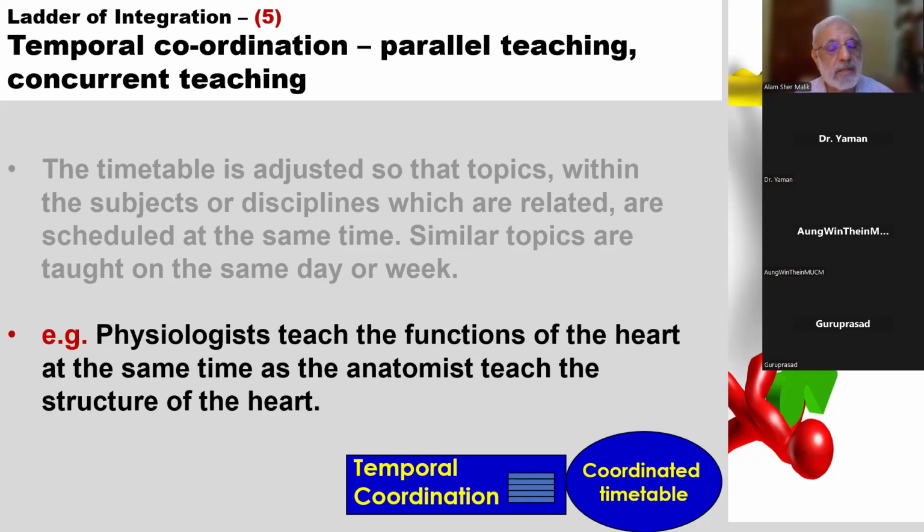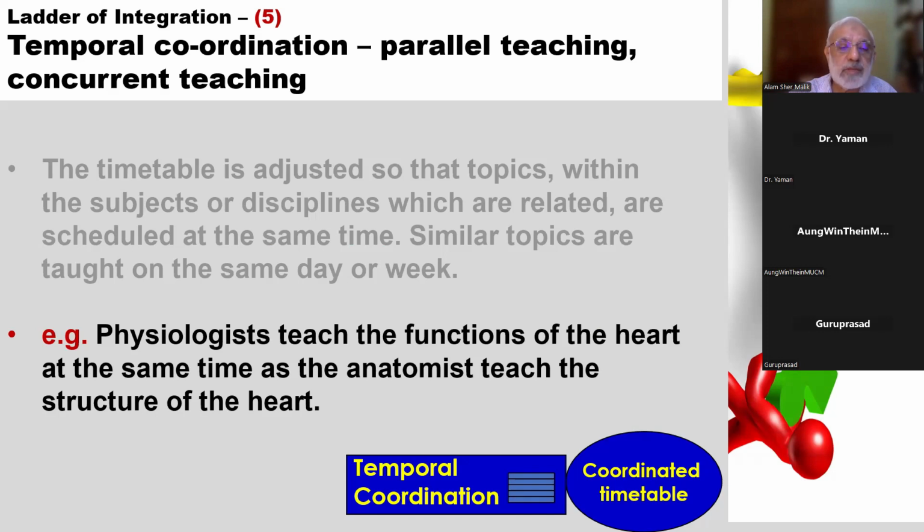So now, rather than teaching fragmented with every discipline teaching separately, where previously the emphasis was on anatomy, on physiology, on biochemistry, now there is some coordination, and we are talking about a module, in this case the example of a cardiovascular module.